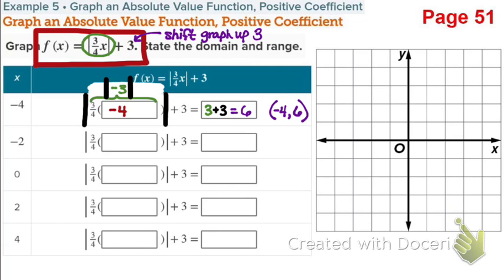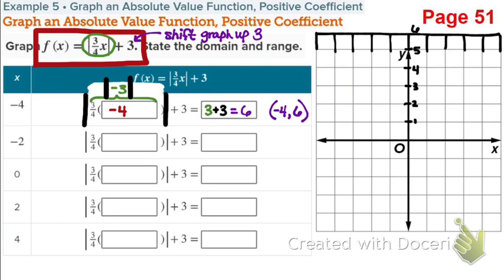Let's see. 1, 2, 3, 4, 5, 6 is going to be up here, right? I would need to extend my graph out if I'm going to go up to 6. All right, so negative 4, 1, 2, 3, 4, and 6 right up here.